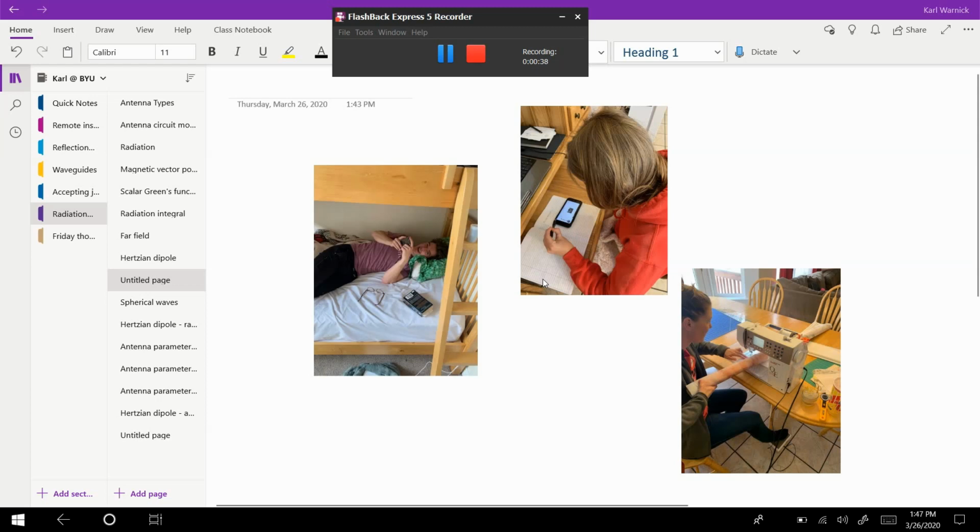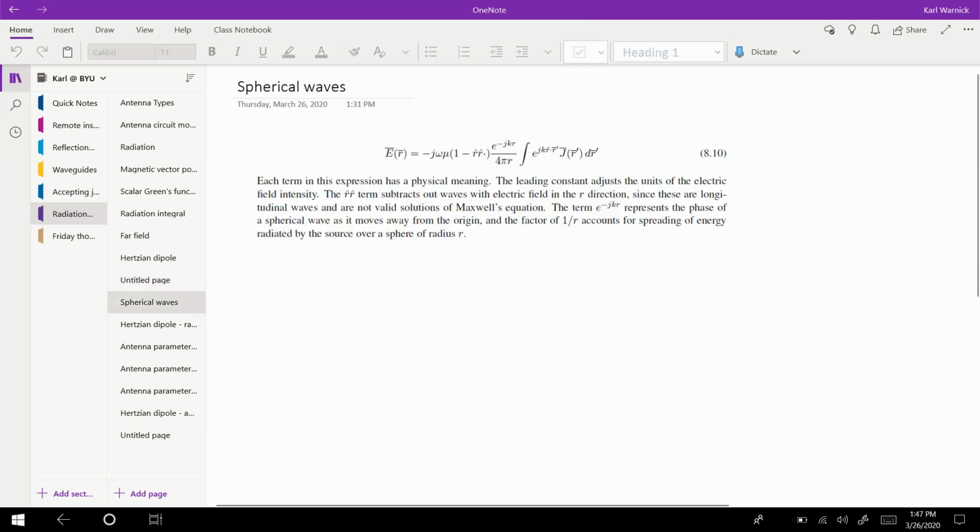Meanwhile, I am talking about spherical waves. So what we're doing is really an application of the far-field radiation integral. We developed Green's functions, we looked at the magnetic vector potential, and all of that was mathematical or theoretical machinery aimed at creating this expression, which is what we use to find fields radiated by antennas.